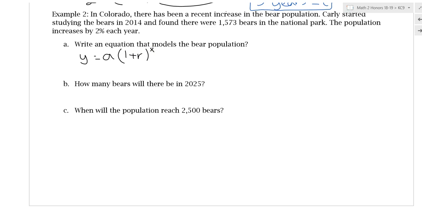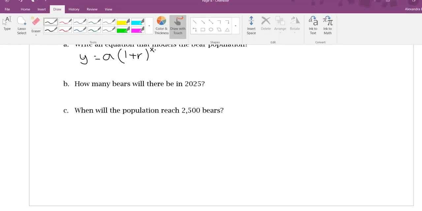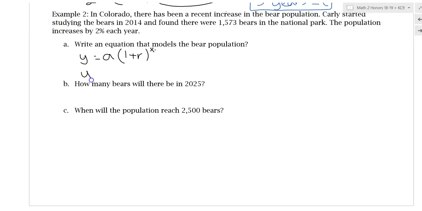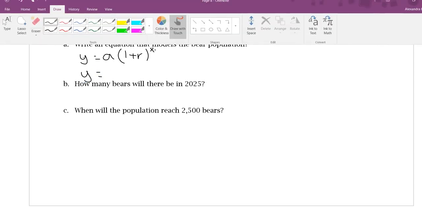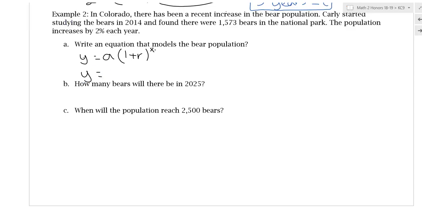You could use different variables, like p for population and t for time, whatever. So we have y equals, a is our initial value. Carly started studying the bears and found there were 1,573 of them.